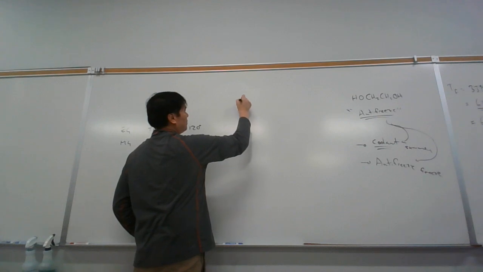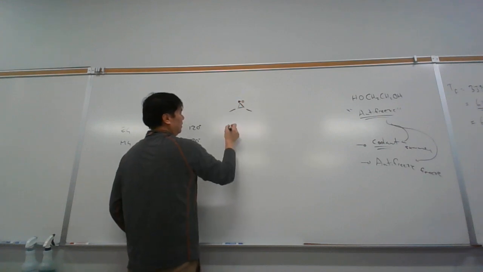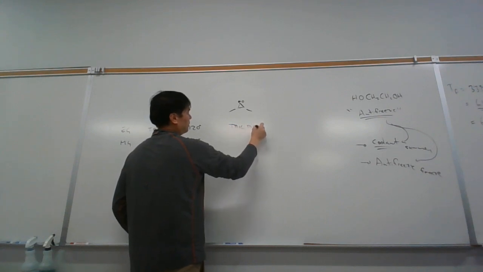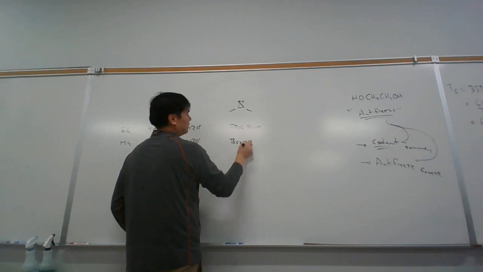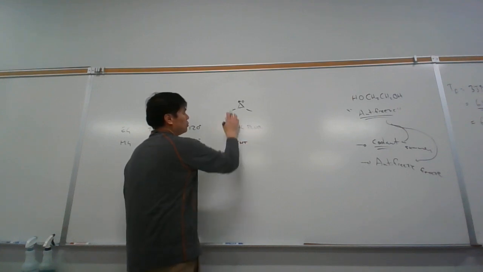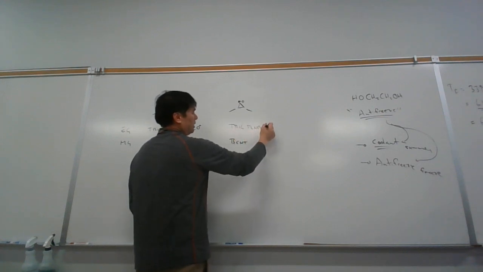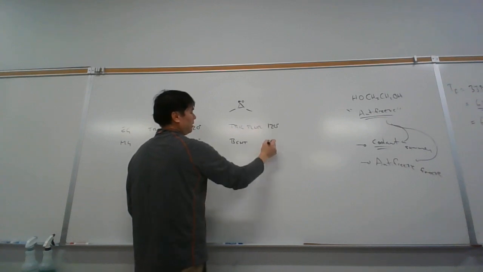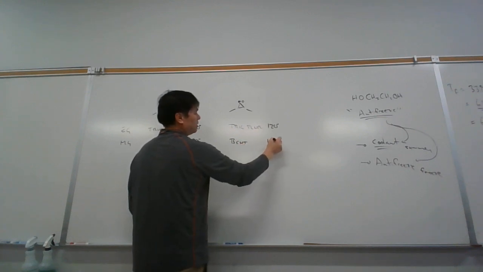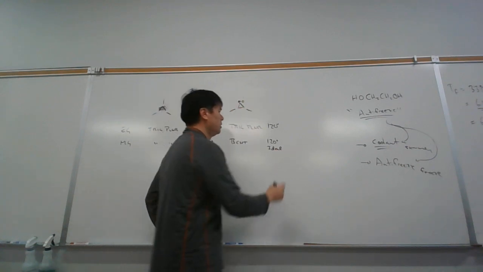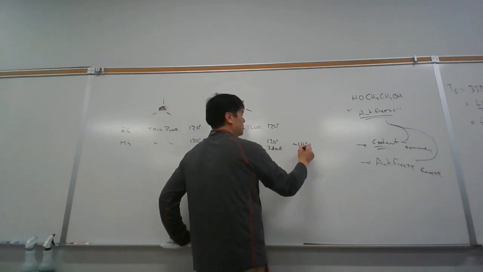However, if we have a lone pair there, the electron geometry is still going to be trigonal planar, but the molecular geometry is going to be bent. We have two bonds and one lone pair. If it's trigonal planar here, it's going to be 120 degrees, and for the bent, it's going to be 120 degrees. This is the ideal. But there's normally about a 2-degree distortion. So it's going to be a 2-degree distortion here, 2 degrees distortion there, like a 4-degree distortion, and so maybe about 116 degrees distorted.